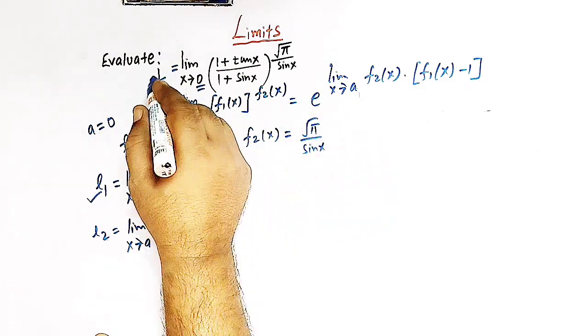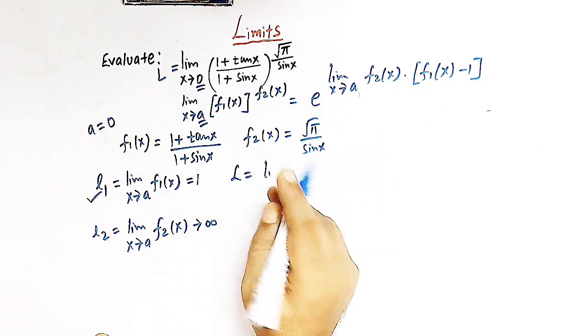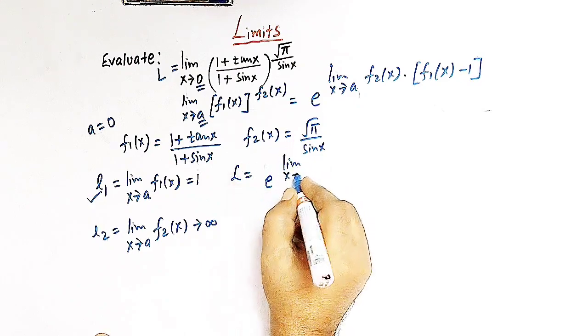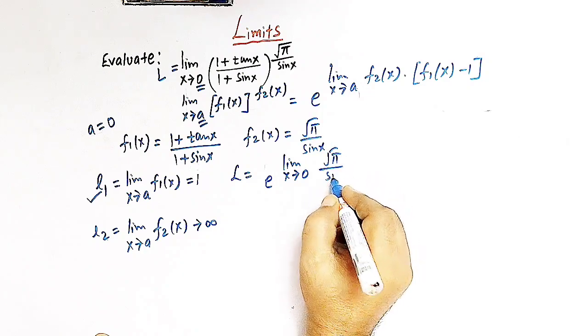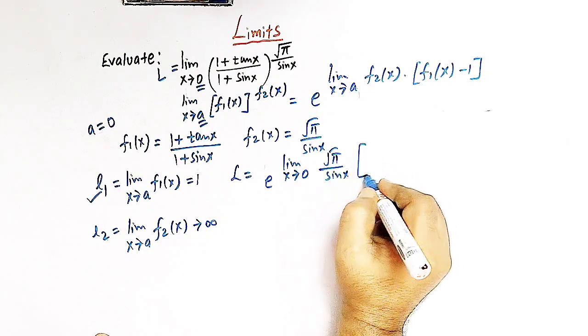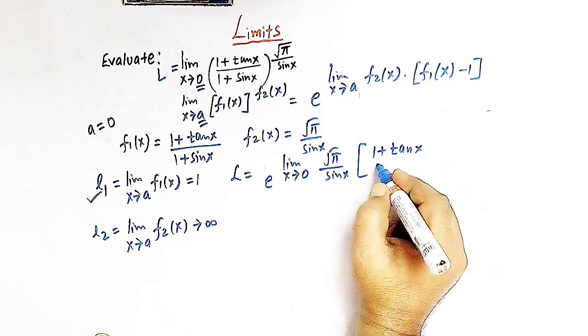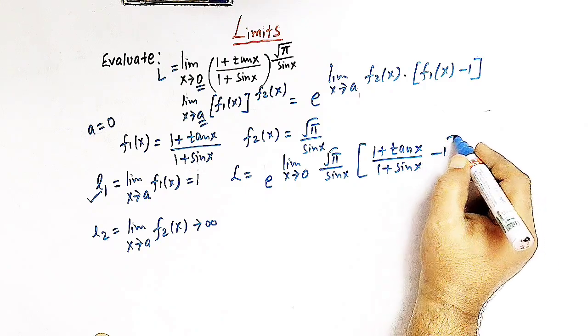So the value of this limit L can now be written as e raised to limit x tends to 0, and f2(x) is square root of pi over sin x, and f1(x) is given by 1 plus tan x divided by 1 plus sin x, and here we have minus 1.